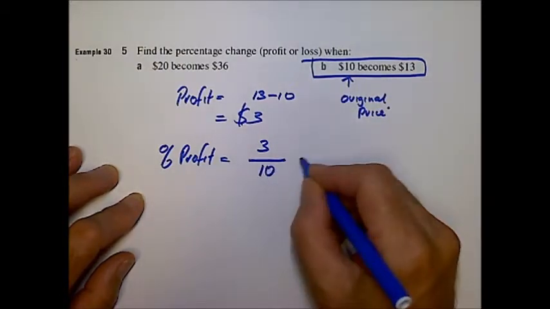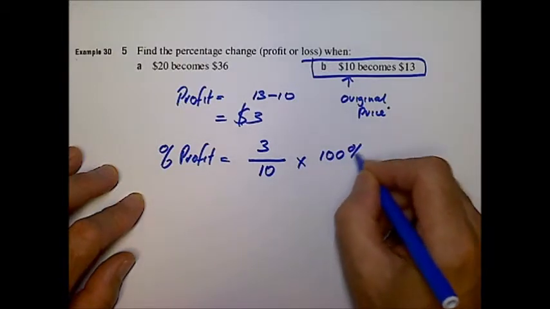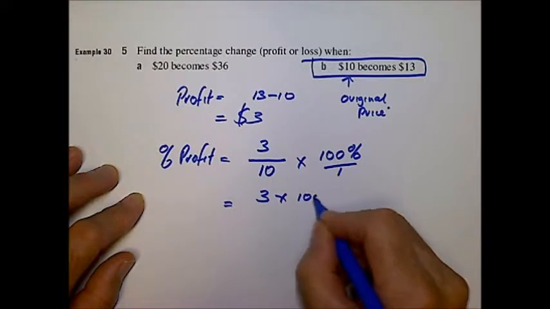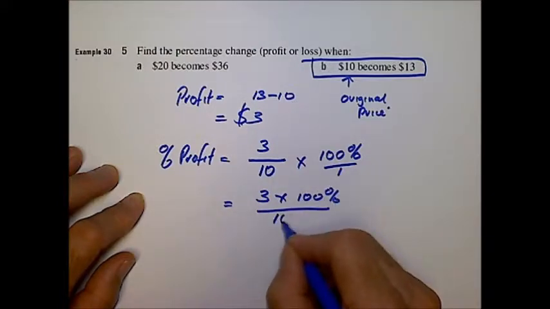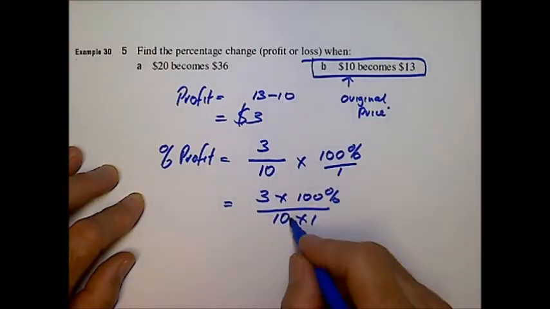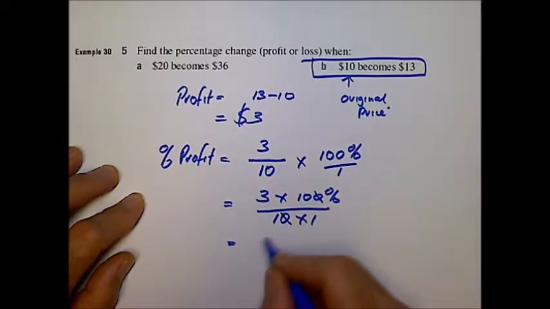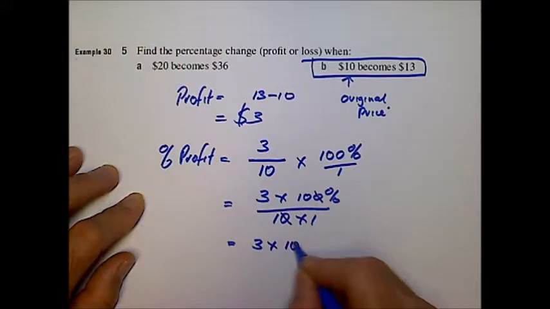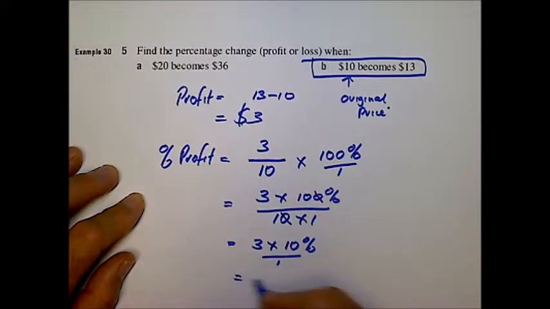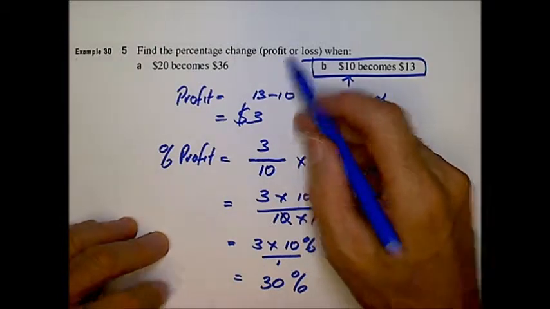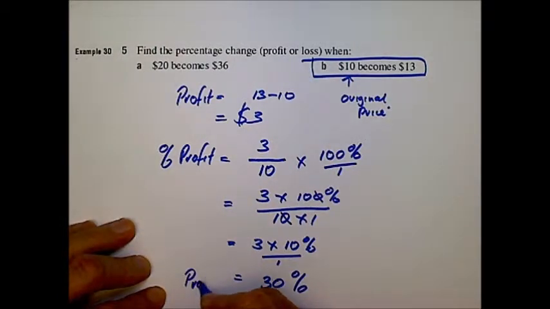So 3 over 10 multiplied by 100% over 1, which is going to be equal to 3 times 100% over 10 times 1, cancelling both the numerator and the denominator by 10, leaves us with 3 times 10% over 1, which is equal to 30%. So in this case, the percentage change is a profit. So we write down percentage profit is going to be equal to 30%.